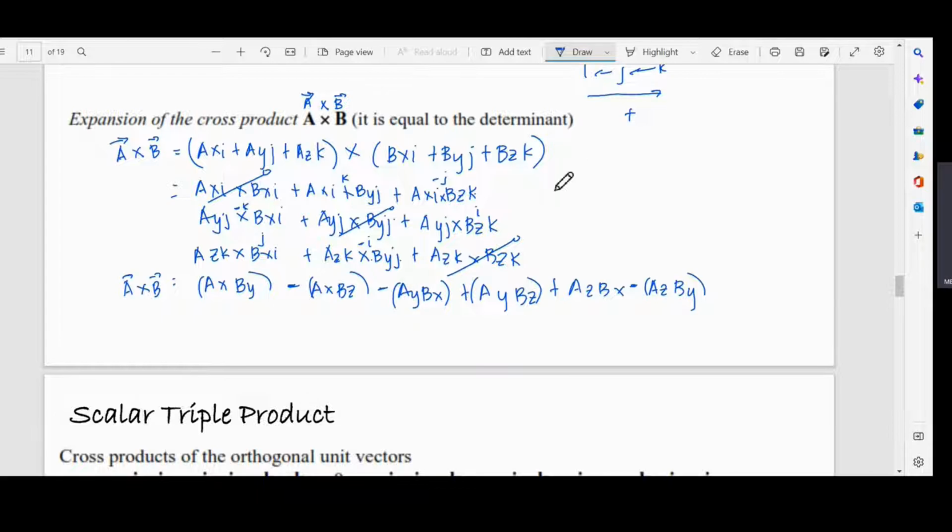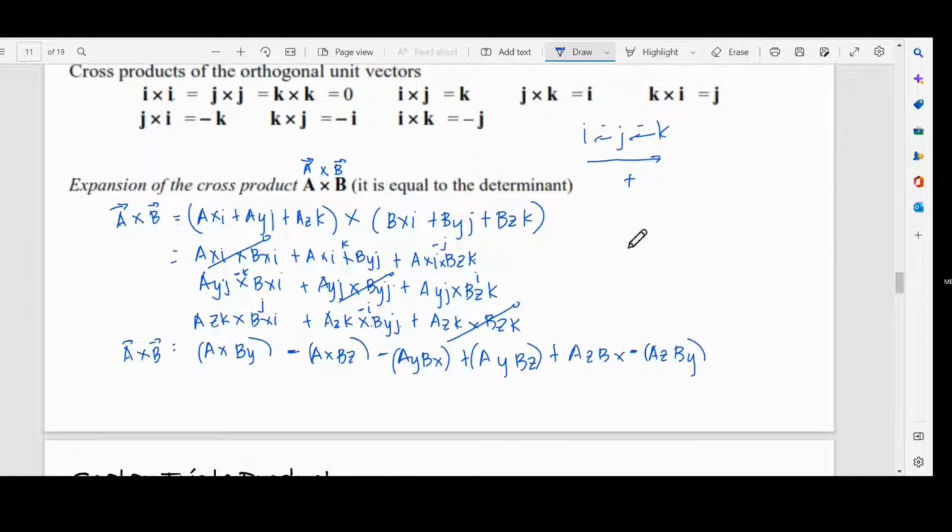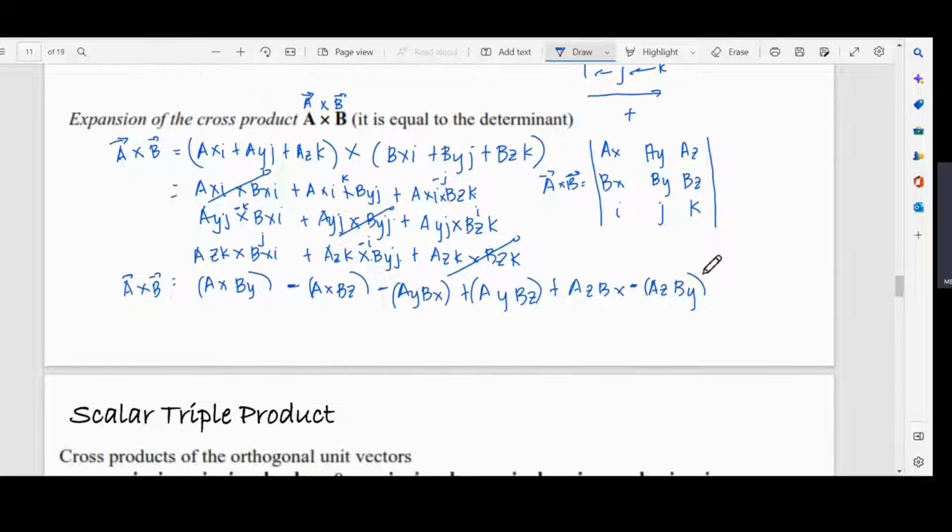Or, sinabi natin dito, it is equal to the determinant. So, pag sinabi natin determinant, we have here AX, AY, tsaka AZ, BX, BY, tsaka BZ, and then I, J, K. So, pag sinabi natin determinant, guys, A cross B equal to, kukunin lang natin yung determinant by using yung tinatawag nating basket rule.